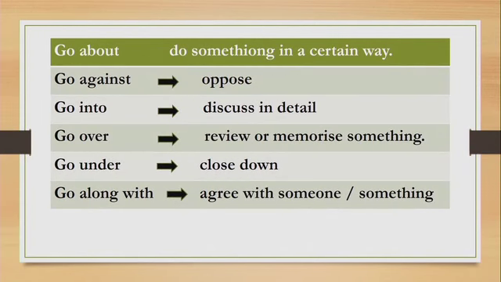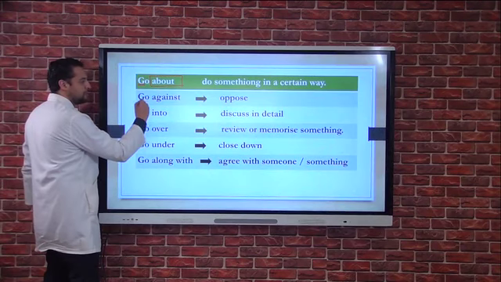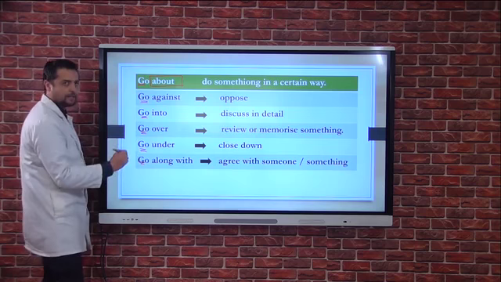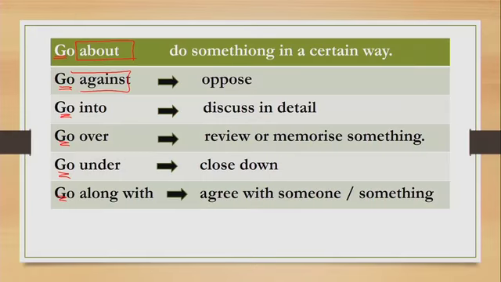Right, so let's have a look at the first one, but before explaining these phrasal verbs, let's have a look at the prepositions that are used here. We have the first one, as you can see, about. Here we have the same verb, go, and different prepositions and adverbs.